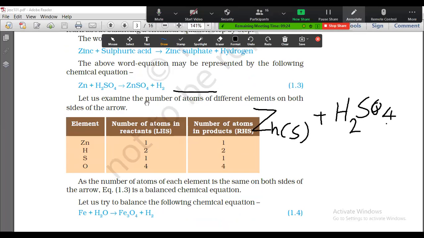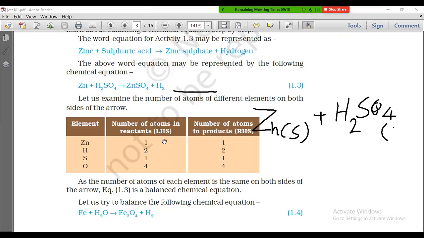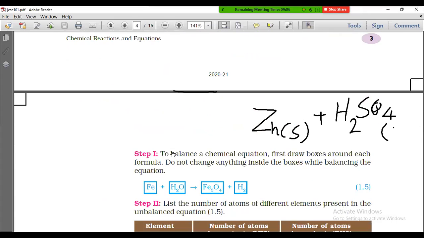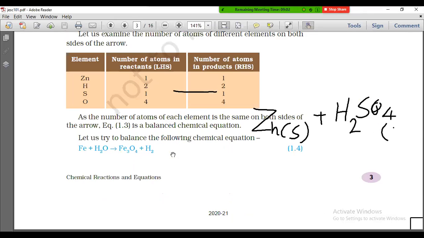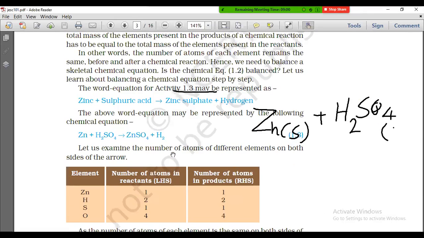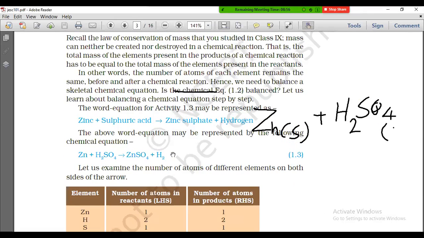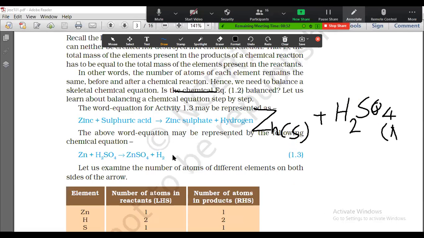So H2SO4, what will be the state? Aqueous or liquid? Tell me. Aqueous. Very good.